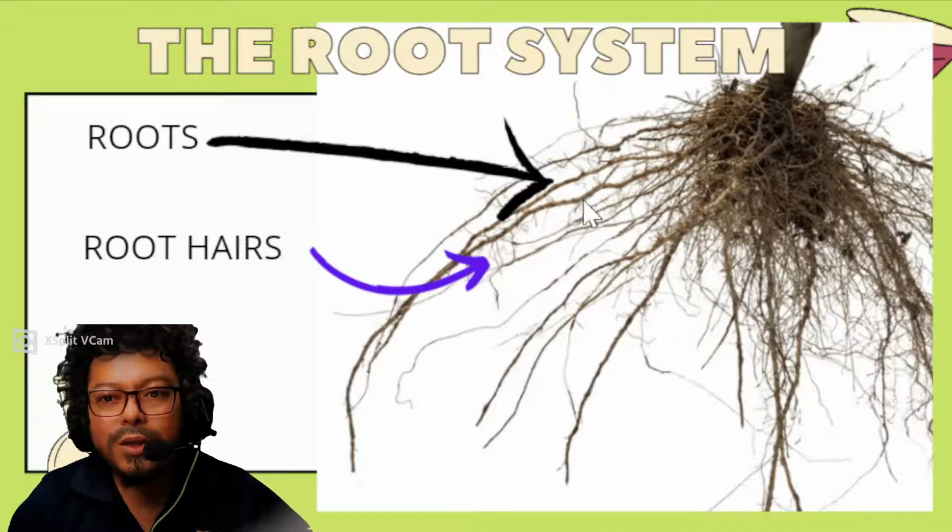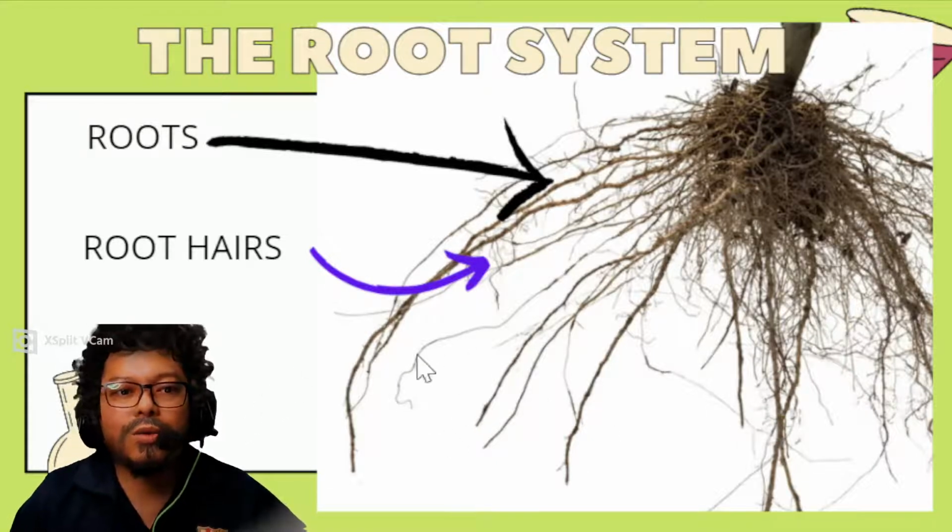I'm pointing towards here. That is the root. Root hairs are the smaller parts, like this one, like this one, and this one. Those are root hairs.